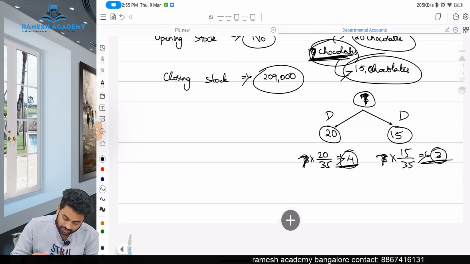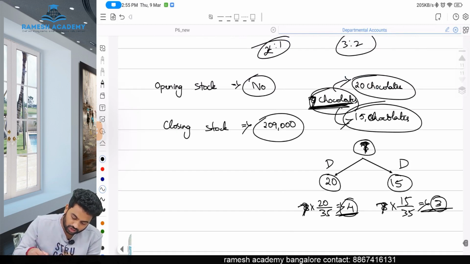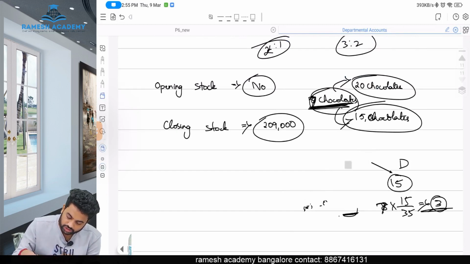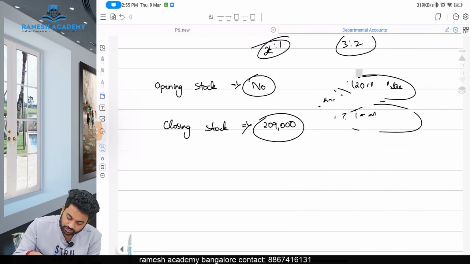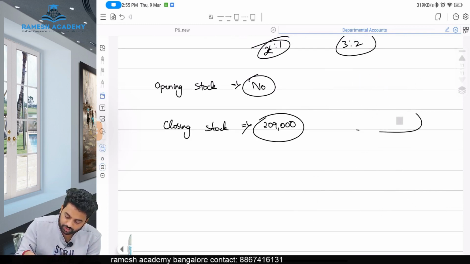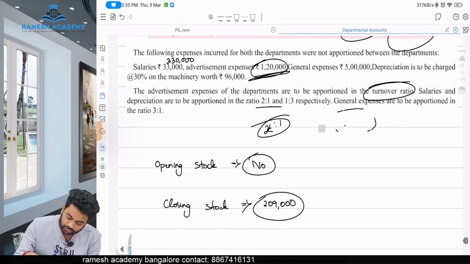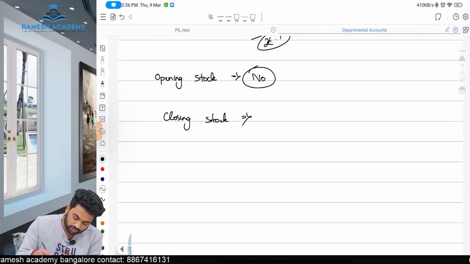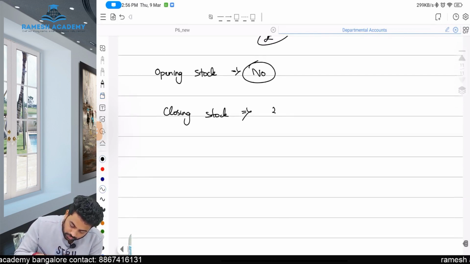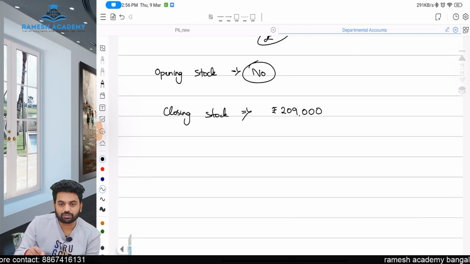In the same way, closing stock is showing 2,09,000. Do you think this goods is completely received from P, that whatever was received from P, only so much is left unsold? Not really. Why, sir? Because these people are also purchasing from the market.